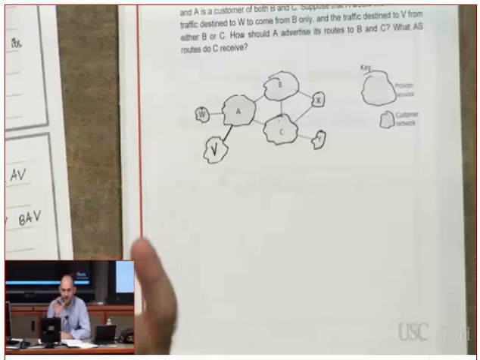Because there are complex customer relationships between autonomous systems. You have how you send traffic through another network and things like this. Any questions? All right, let's go to the next one.